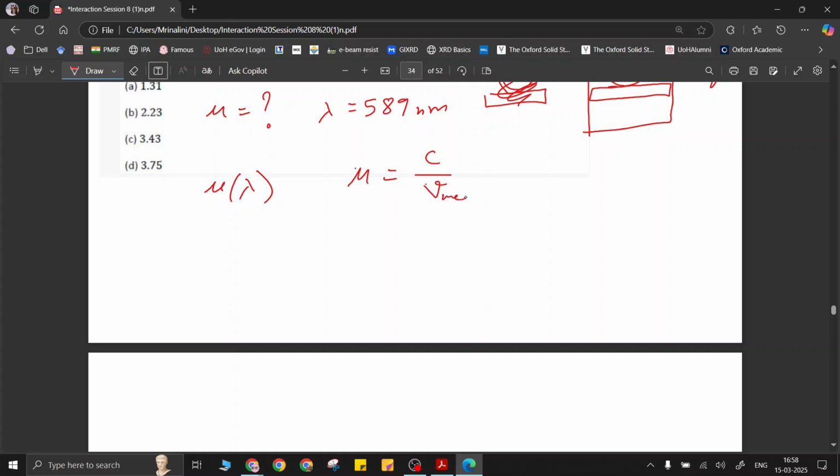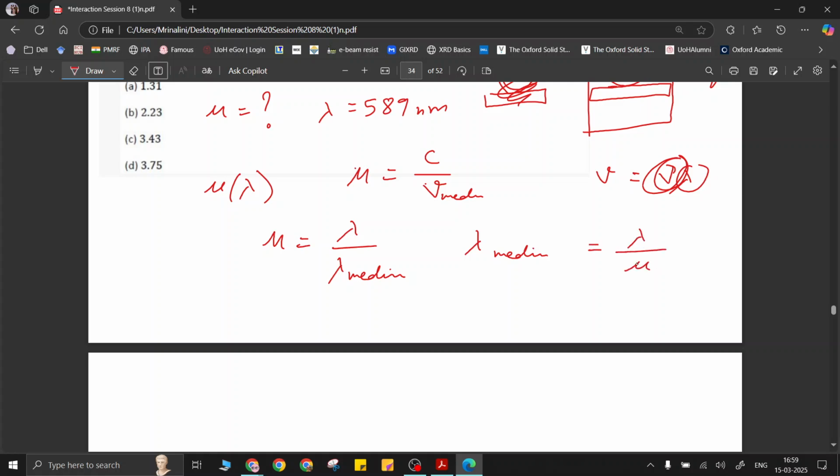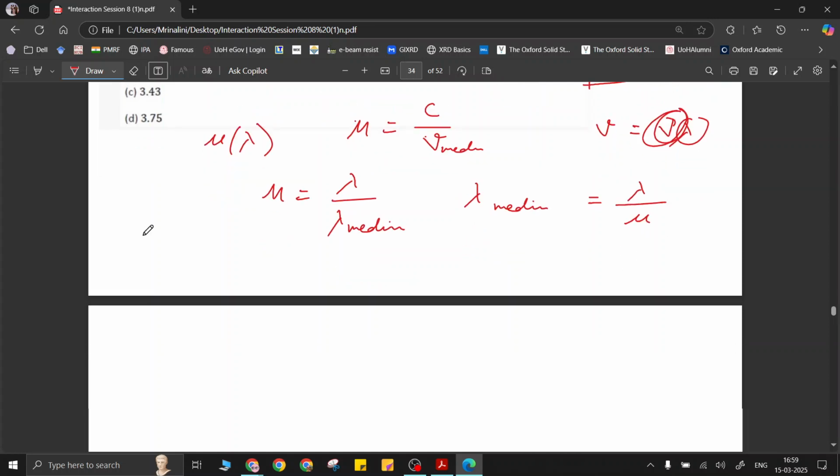Velocity is frequency times wavelength, but frequency doesn't change with the refractive index because it depends on the source. So what changes is wavelength. Refractive index mu is the wavelength in air to the wavelength in the medium. That means the wavelength in the new medium will be lambda divided by mu, where lambda is the wavelength in air and mu is the refractive index of the medium.